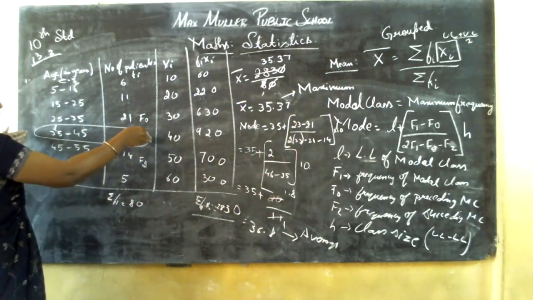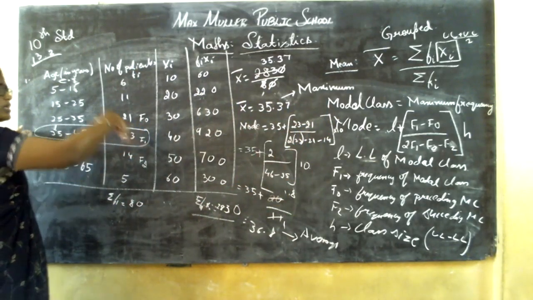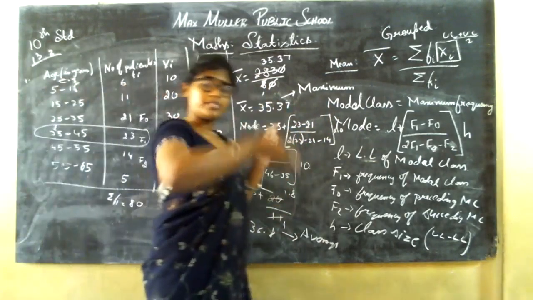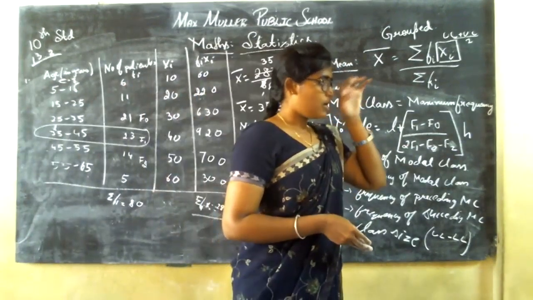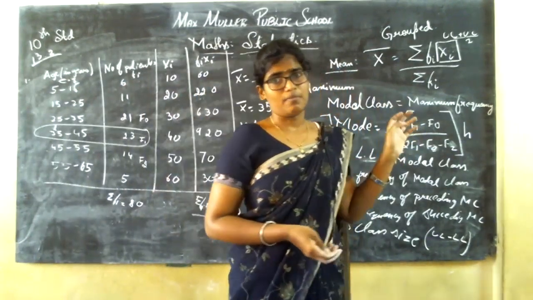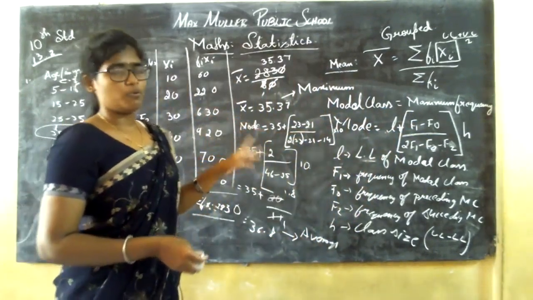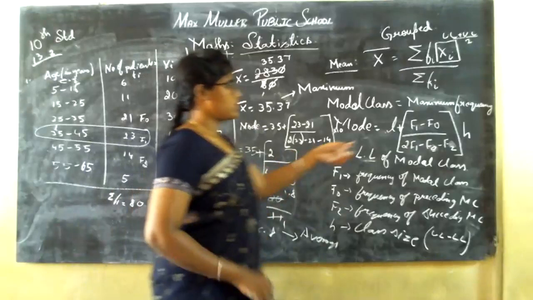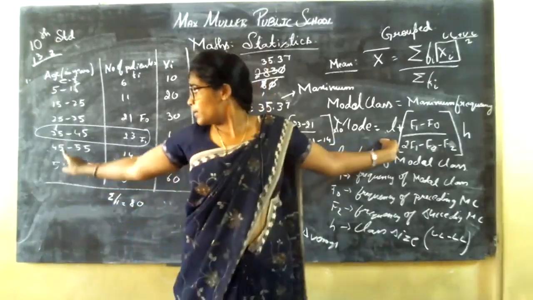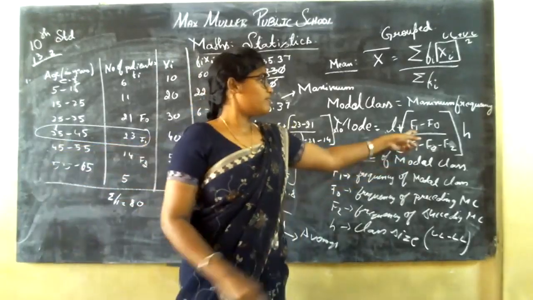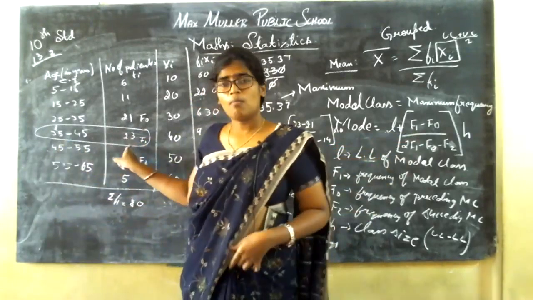We are going to do it as a modal class, and you will be clear with the formula, that is L plus f1 minus f0 divided by 2f1 minus f0 minus f2, into h. What is L? That is the lower limit of the modal class. F1 is the frequency of the modal class.